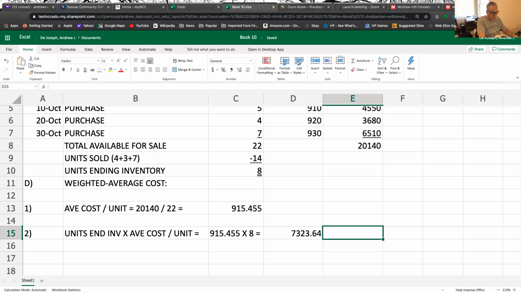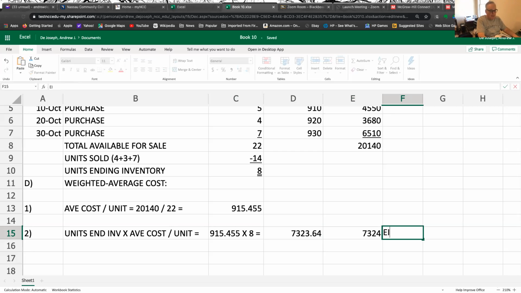Let's round it to 7324, because you can't have a 0.64 unit of inventory, right? You can only have full units of inventory. So let's say the dollar amount is 7,324. Okay. So that's how we calculate ending inventory, right? I'll put EI next to that.